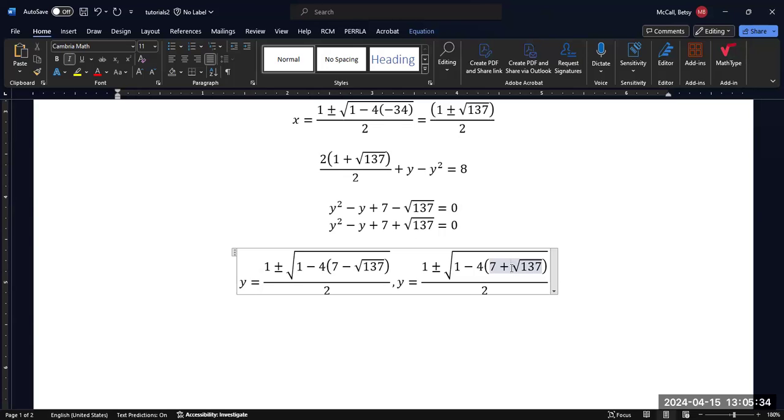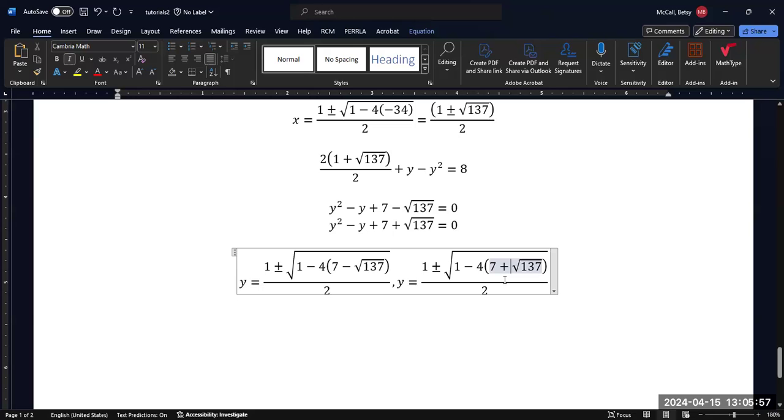Now, if we double check this, 7 minus the square root of 137 is a negative number times 4. 1 minus that answer, I'm going to end up with a positive number under this square root.